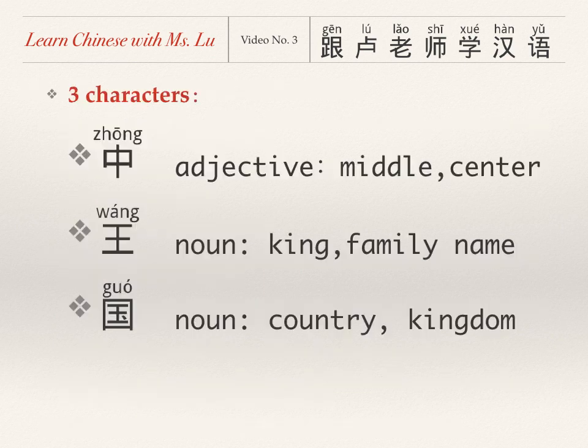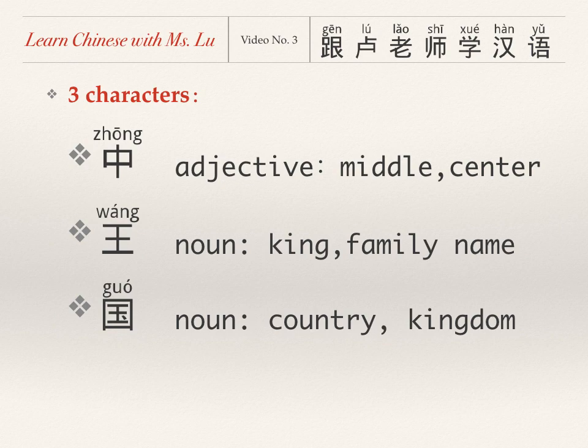Next, we will learn 3 characters, and they are Zhong, Wang, Guo. First, Zhong is an adjective, means middle, center.